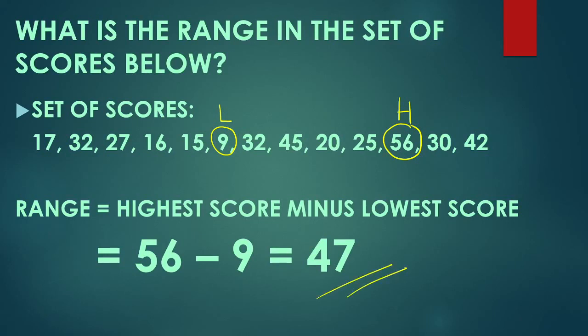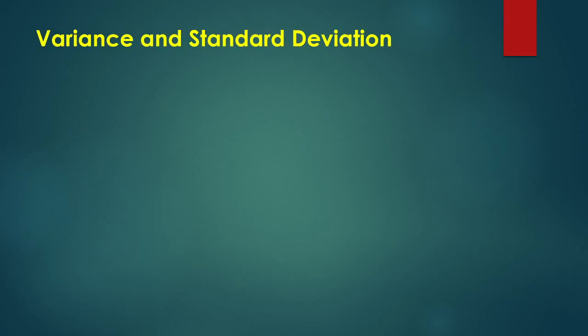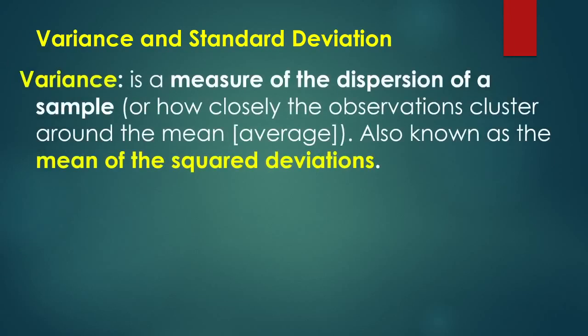Okay? Now let's go to variance and standard deviation. So variance is simply a measure of the dispersion of a sample, or how closely the observations cluster around the mean. It is also called the mean of the squared deviations.